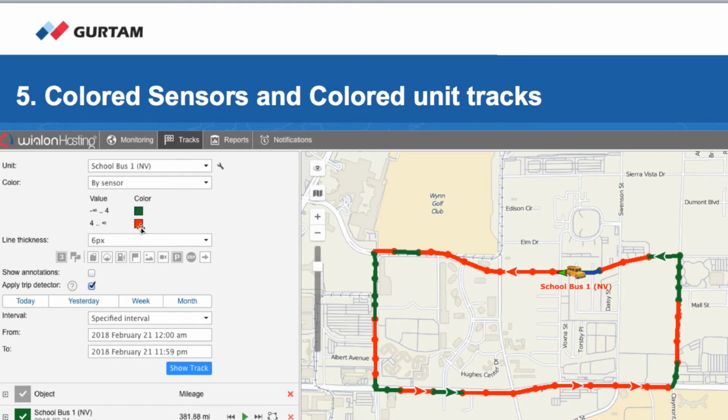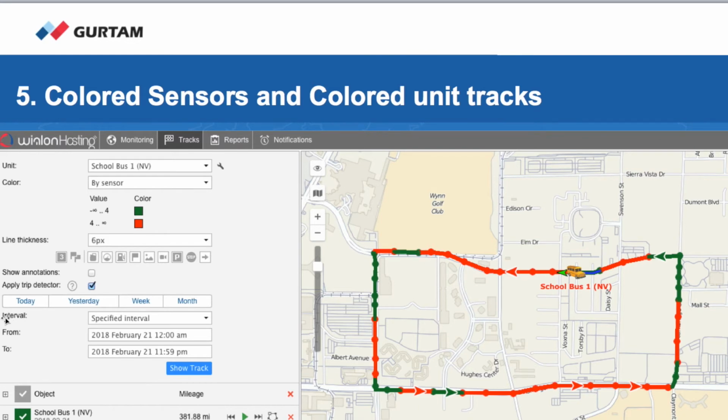Of course, here you should be able to define, for example, availability of the unit, or maybe some abnormal value of the temperature in the refrigerator, and then you'll see for how long the temperature was abnormal. For example, this red interval means that the temperature was abnormal, and here you see when that incident happened and when it was finished, right? So this is how the colored sensors can be used.